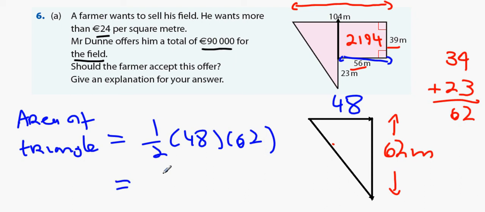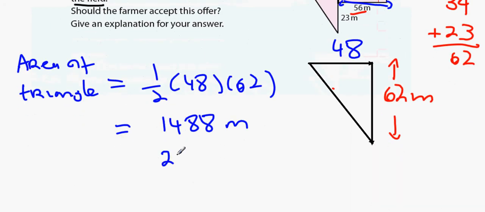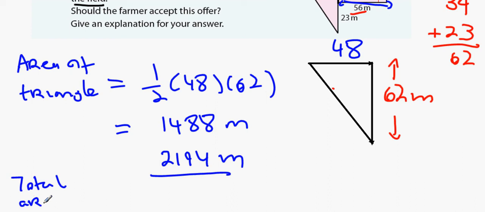Okay? We're going to add them both together to get the total area. Plus 2,194 gets you 3,682 meters squared, because it's an area.